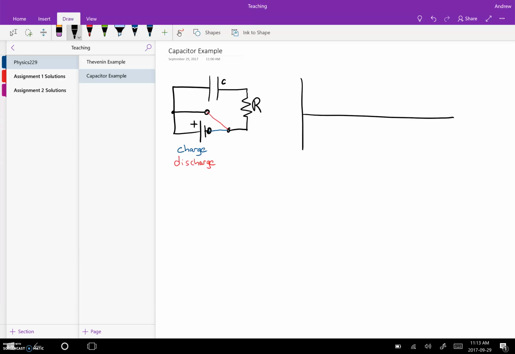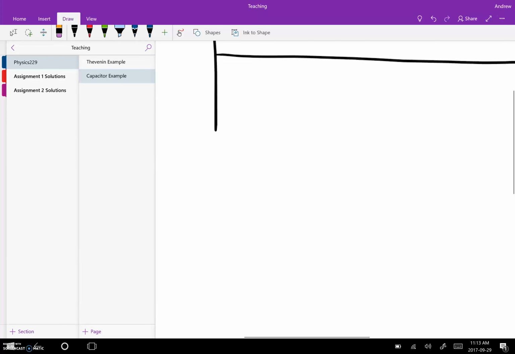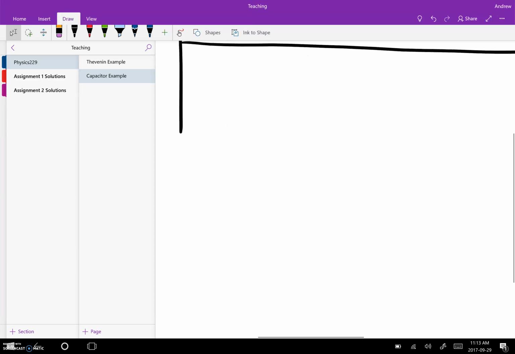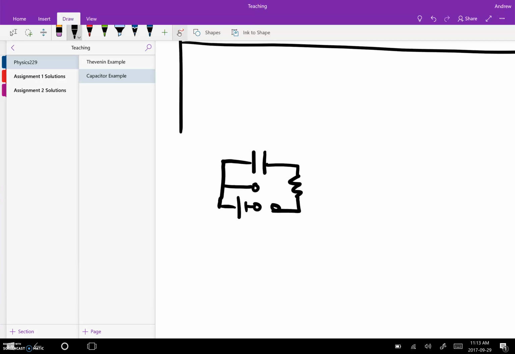Let's try to understand what's actually going on here, first qualitatively, and then we'll do a quantitative look at it. So, let's draw a little mini RC circuit. We want to look at the situation under a couple of circumstances.